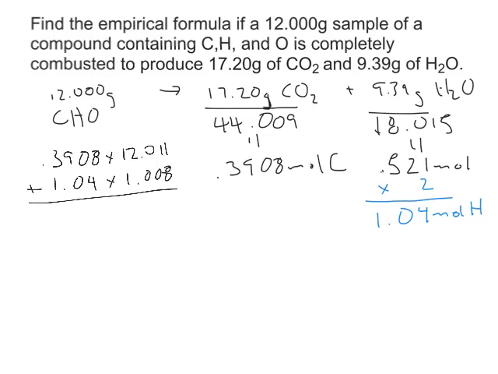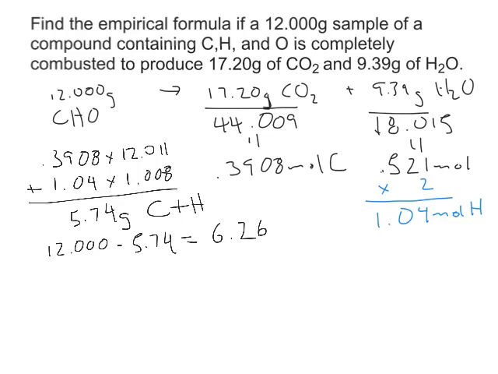Add all of that up, and I get 5.74 grams. So 5.74 grams of this comes from carbon plus hydrogen. So that means the remainder is my oxygen. 12.000 minus 5.74 gets me 6.26 grams oxygen.